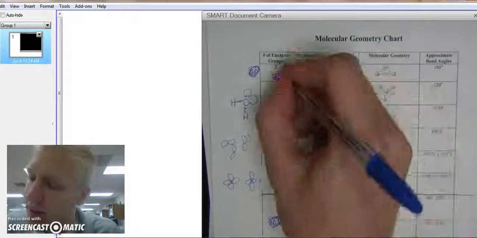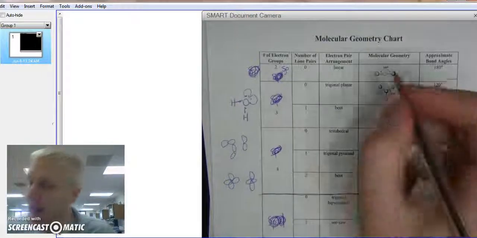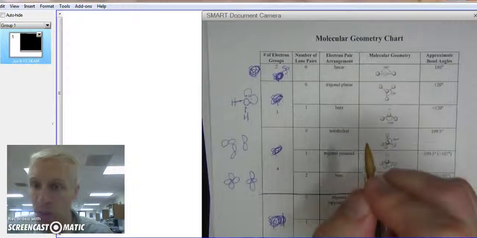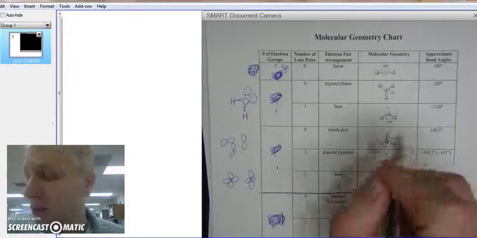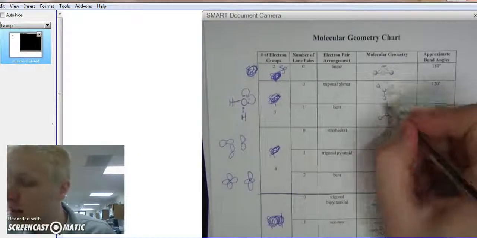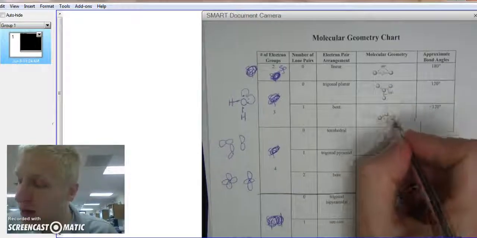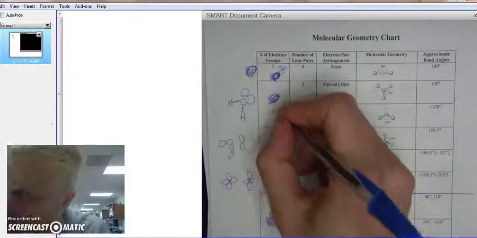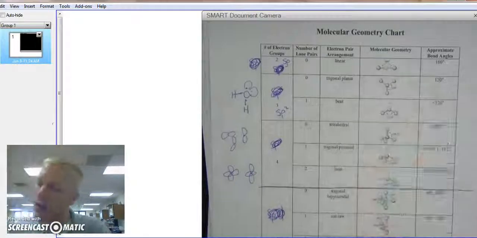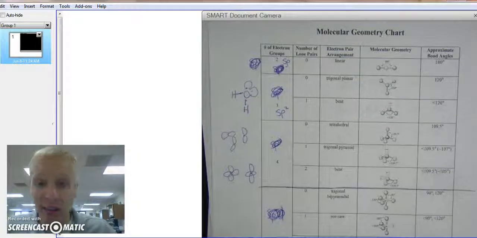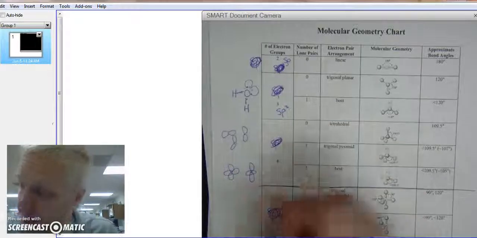So that's going to be sp hybridized, meaning it has either two double bonds or one triple bond to make that linear 180 bond angle. Then if you have 3 electron groups, in this case 2 terminal atoms and 1 lone pair, it's going to be sp2 hybridized, meaning there is at least one double bond in these shapes to make that shape.